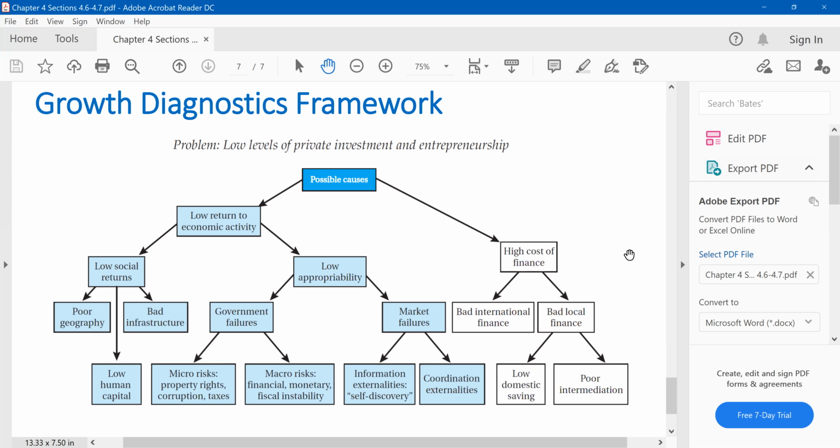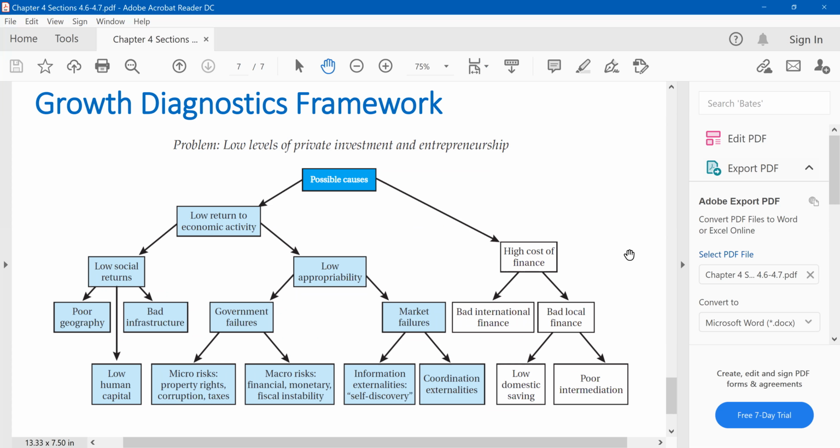The other is low appropriability. All right, now I'm going to define what appropriability is, but low social returns are usually characterized by three things. One, there's poor geography. Second, there's bad infrastructure. And third, there's low human capital, all right?